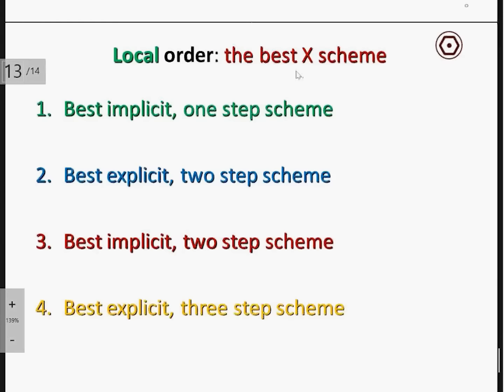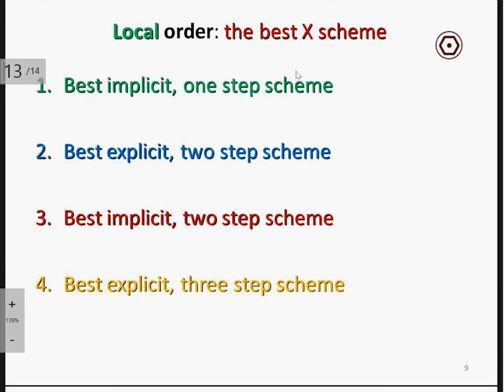So the contest is like this. I want the best X scheme. How do I quantify best? The highest local order of accuracy. What does that mean? I want O delta t to as high a power as possible, right?